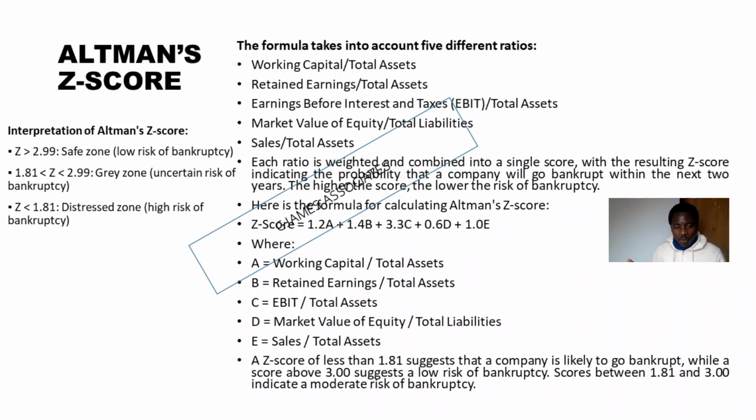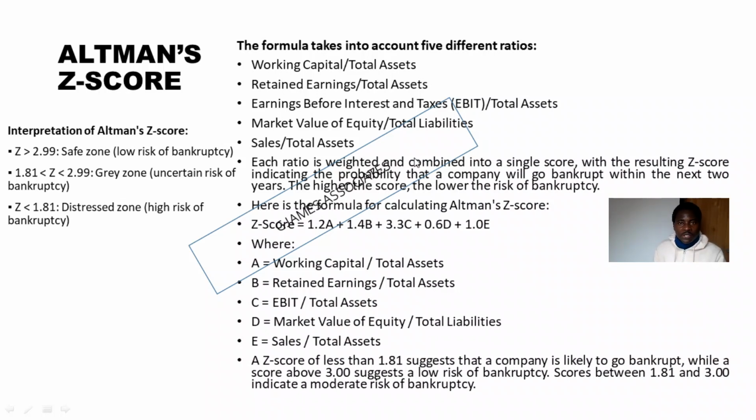Majority were actually given. So Z-score will look at working capital. It will look at ratio of retained earning against total assets. It will look at earning before interest and tax against total assets. It will look at the market value of equity, and I'm going to shed more light on this, against total assets, and sales or revenue against total assets.